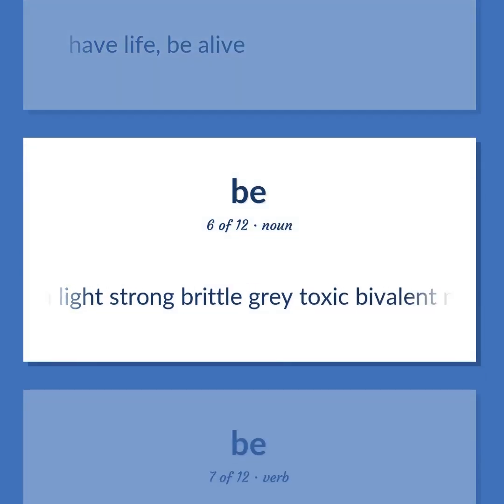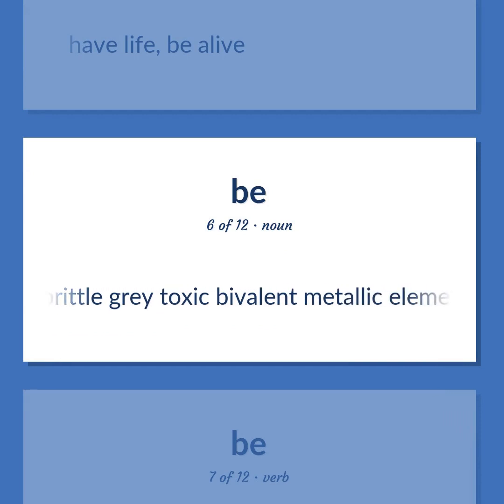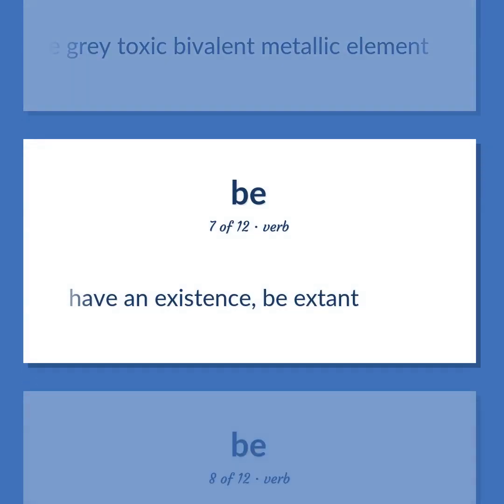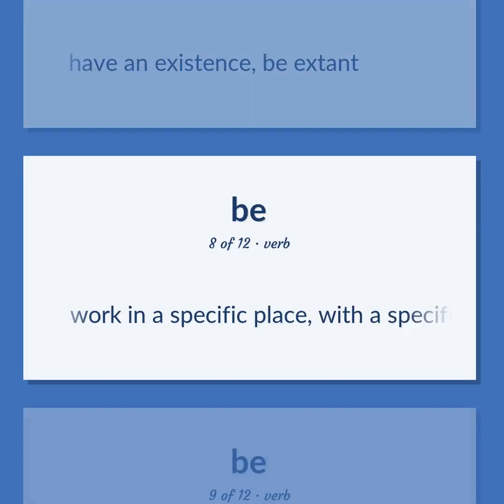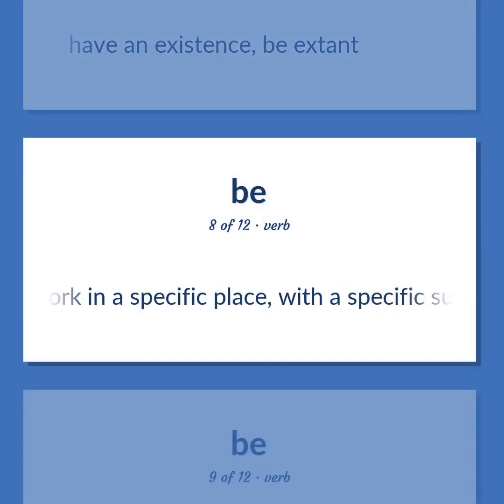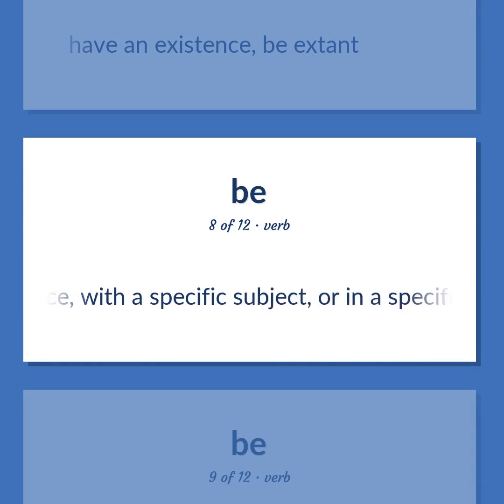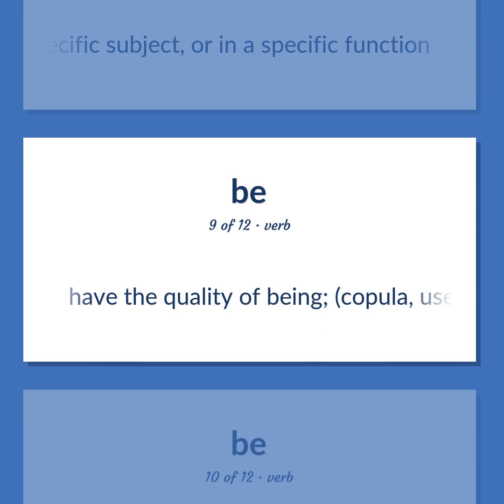A light, strong, brittle gray toxic bivalent metallic element. Have an existence, be extant. Work in a specific place, with a specific subject, or in a specific function. Have the quality of being. Copula, used with an adjective or a predicate noun.